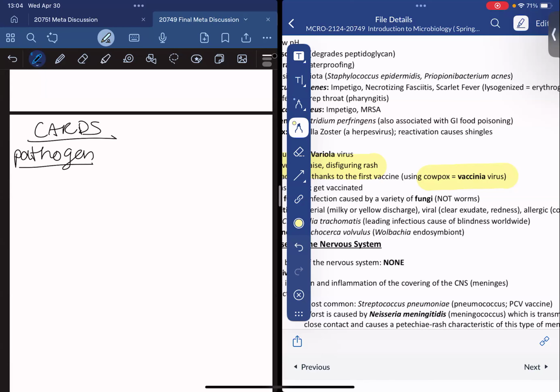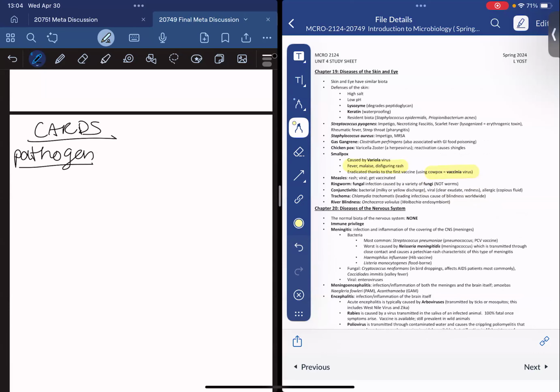So if we started from the top, we could do that. We have Streptococcus pyogenes. I would have a card for that. And on the back of that one, just write it down below it because it would be a lot. But on the back of that one, I would say it was a bacteria.